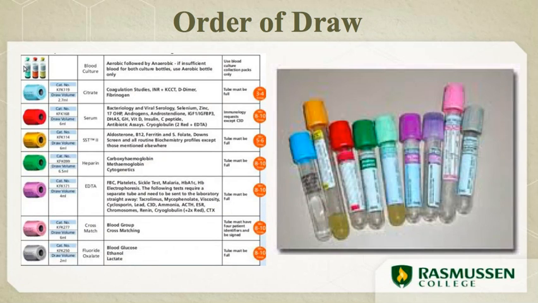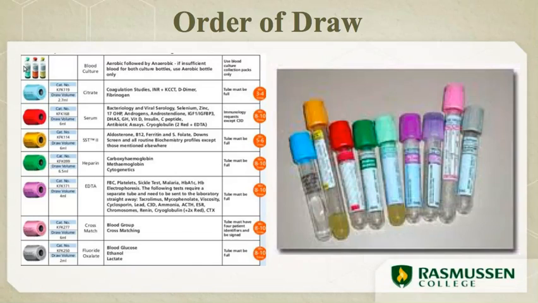Another very important piece of this topic is going to be the order of draw. Now, the reason that the order of draw is so important is because it prevents cross-contamination between tubes with skin bacteria and other additives from tubes.